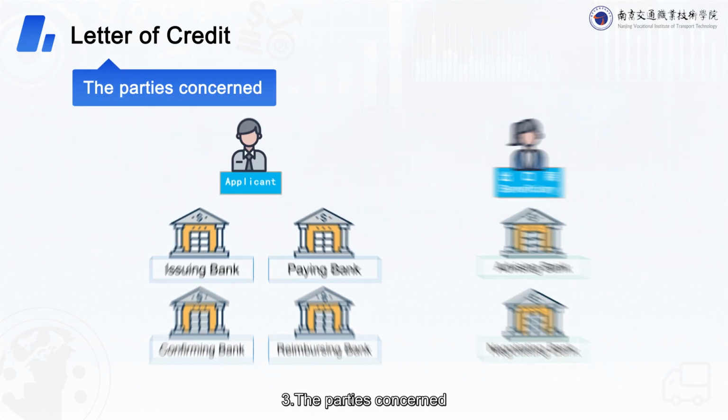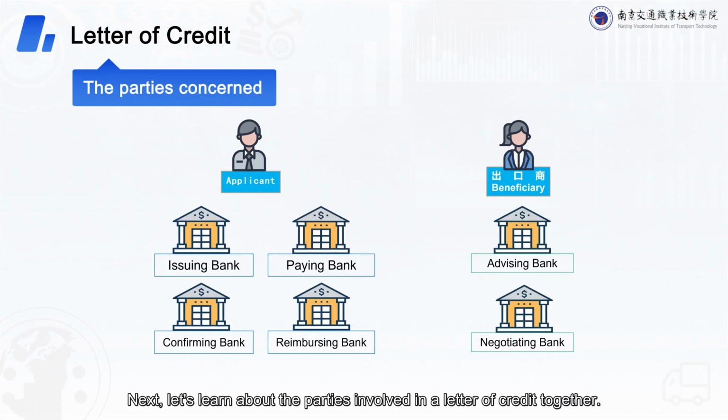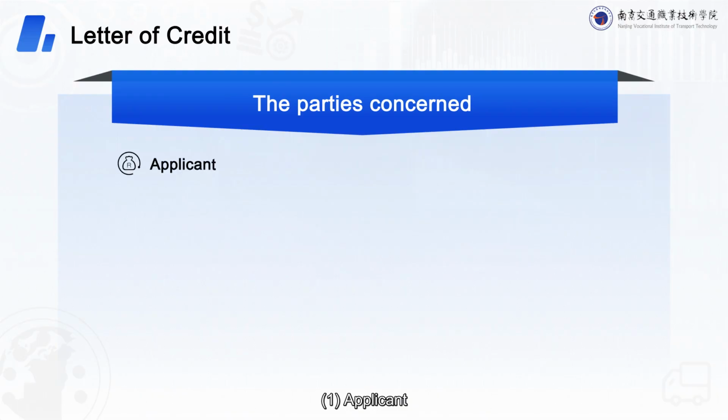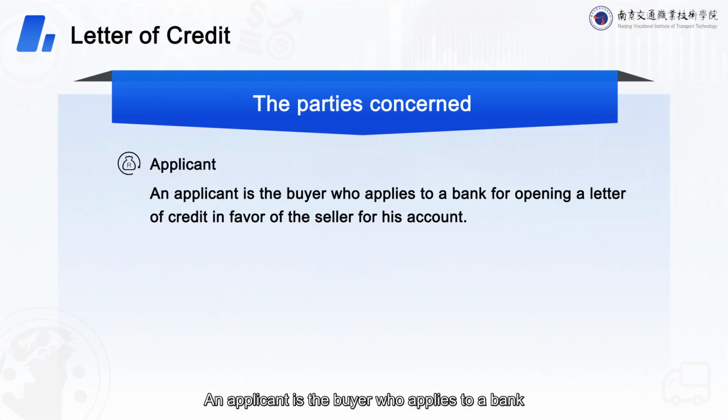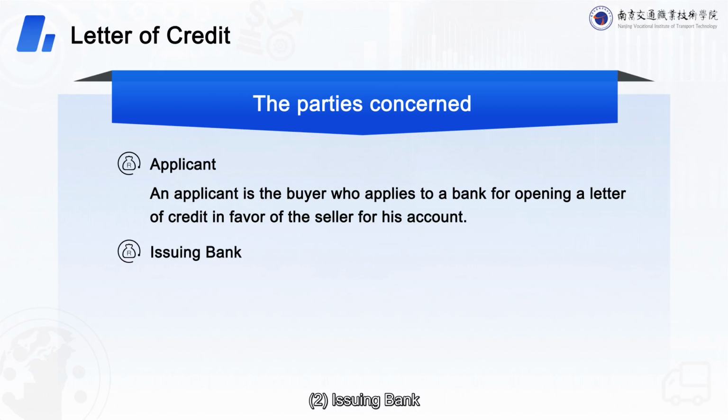3. The parties concerned. Next, let's learn about the parties involved in a letter of credit together. 1. Applicant. An applicant is a buyer who applies to a bank for opening a letter of credit in favor of the seller for his account. 2. Issuing bank.